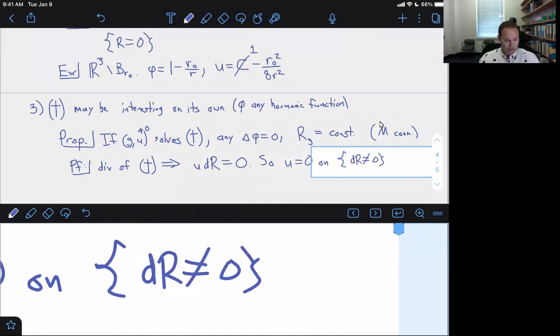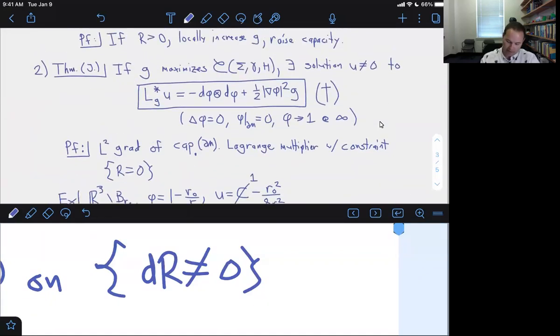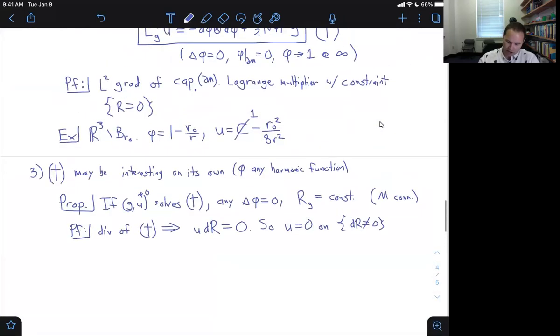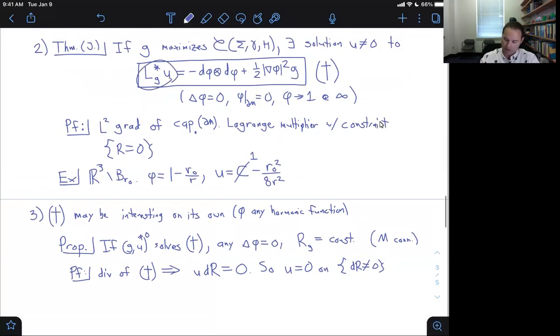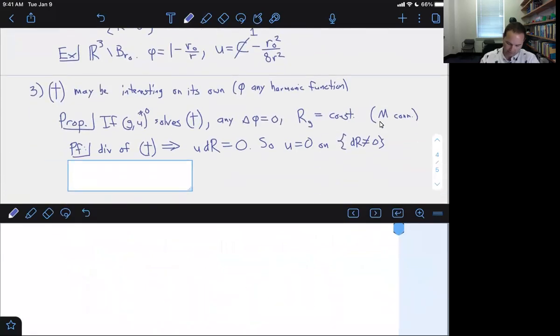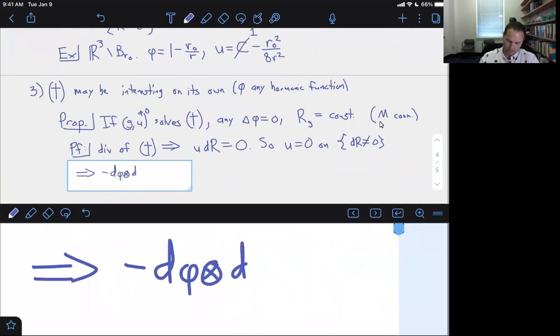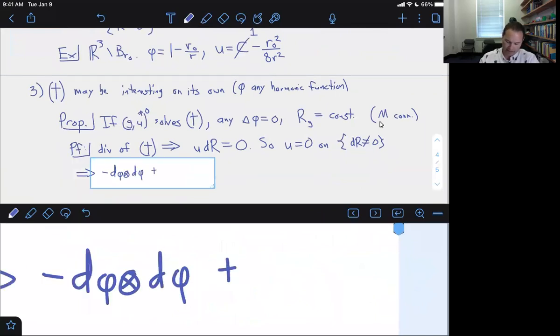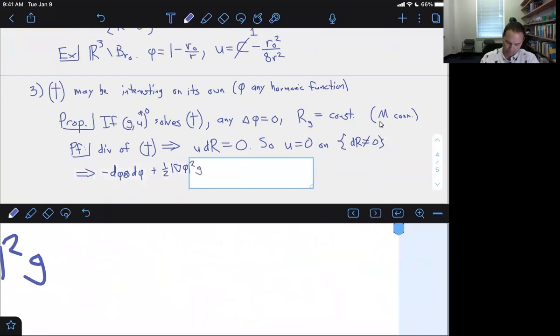If U is 0, then L_G star U is 0. So then the right-hand side is 0 on that open set. So d phi tensor d phi minus that plus this is 0 on some open set.